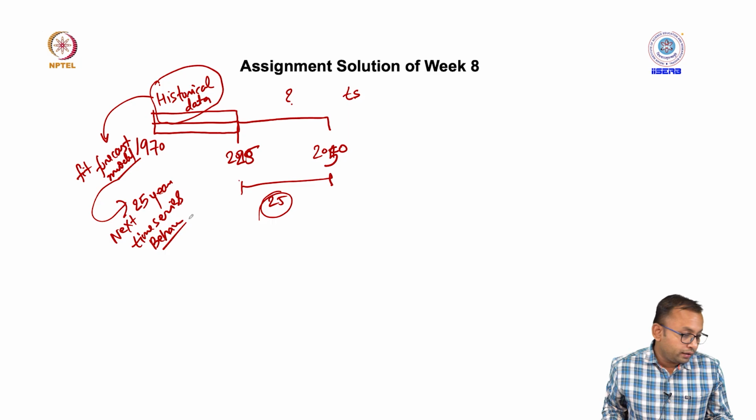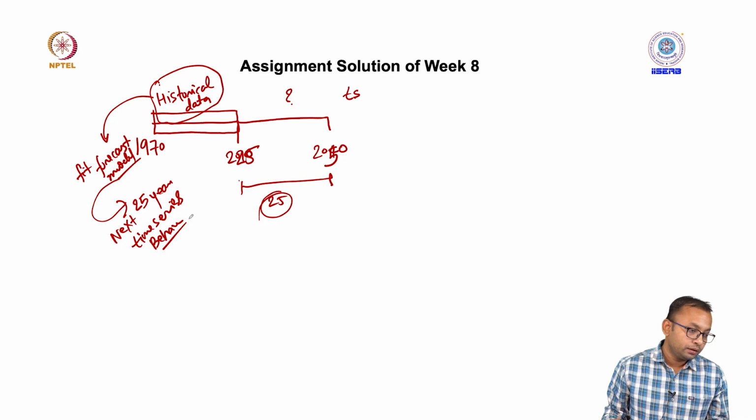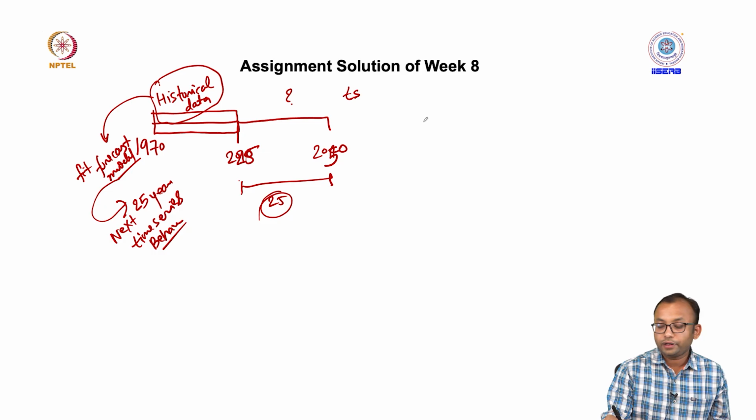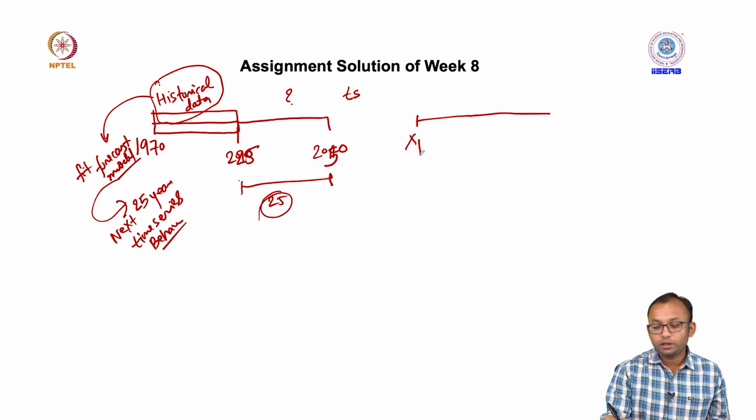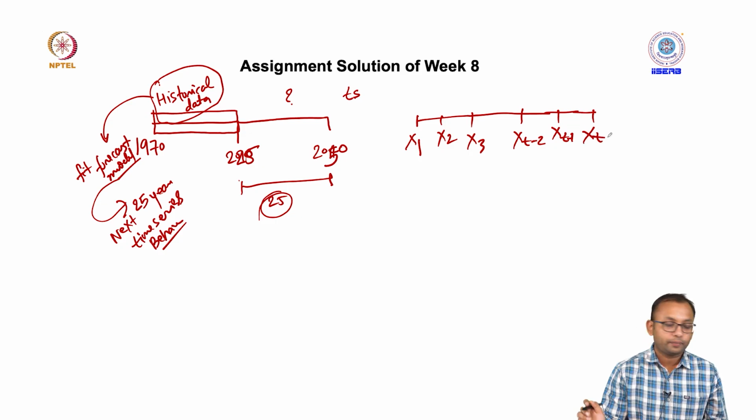So how do we do that basically? For example, let us talk about a data set where we have collected the historical part, that is x1, then x2, then x3, then xt minus 2, xt minus 1, and then let us say xt.